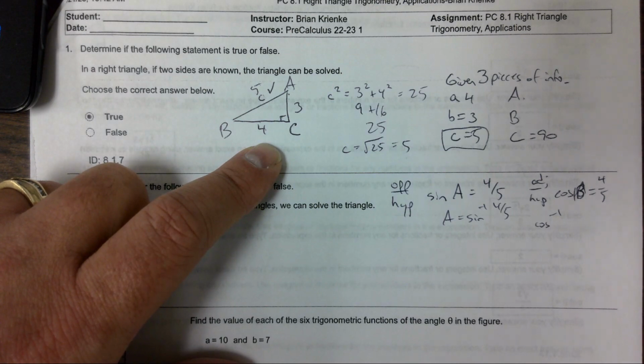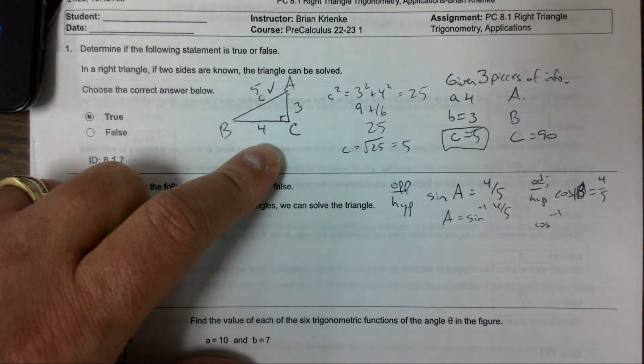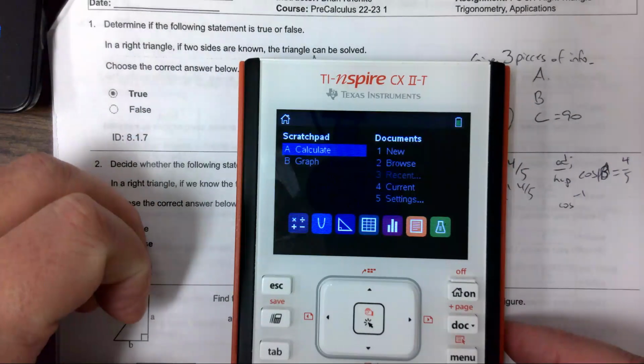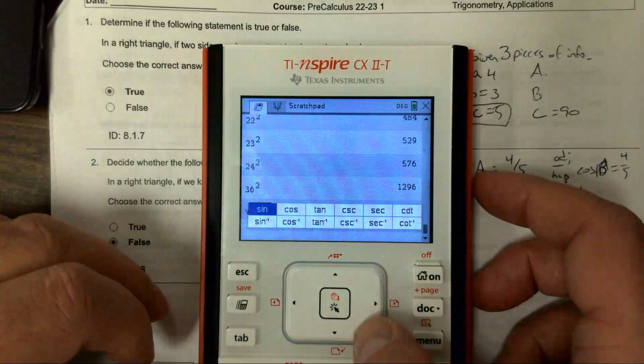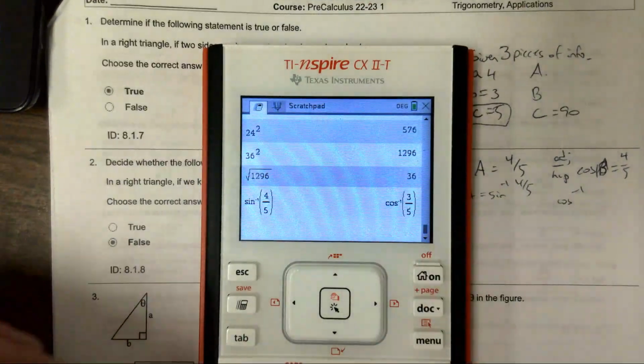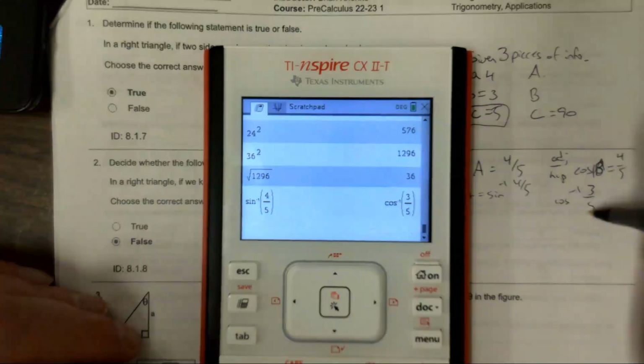I just goofed up because I was being too prideful. I bet it's inverse cosine of 3/5.